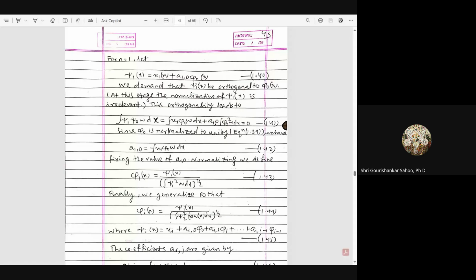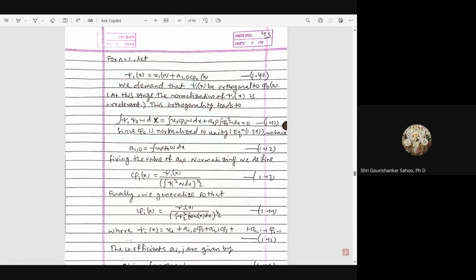So phi_0 is normalized to unity, and we have a_10 equal to minus integration u_1 phi_0 omega dx.